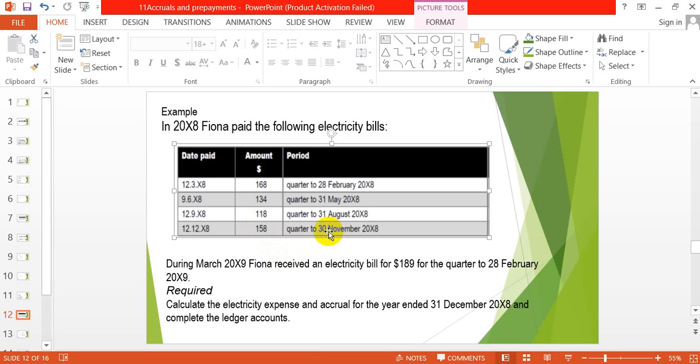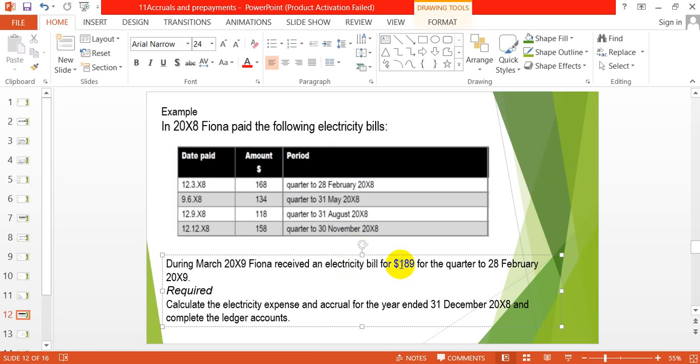We notice that the last payment was done in December, but it was for the quarter up to 30th November 20x8, meaning there's one expense for December which has not been paid for. This was included in the invoice received in February.